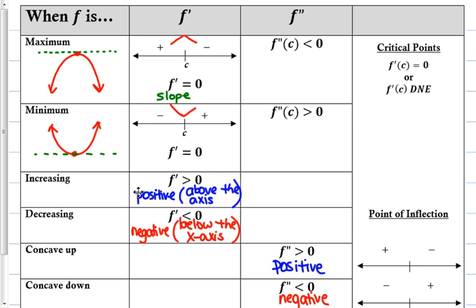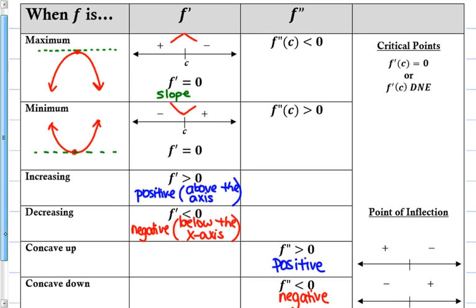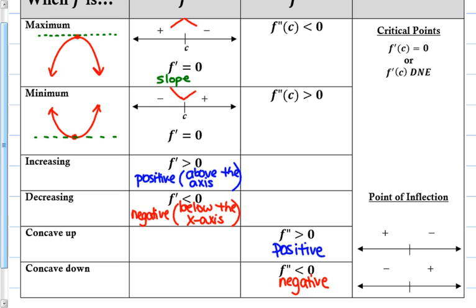All right, point of inflection. A point of inflection is when the concavity of a function changes from up to down or down to up. So I provided you with 2 sign charts. In my first one, I go from plus to minus.